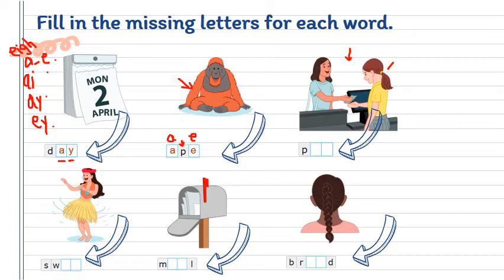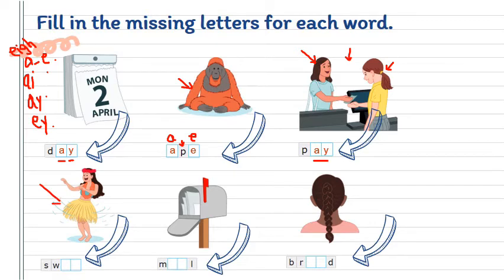This customer bought something, and she's paying money to the cashier. So what are the two missing letters here at the end? Pay. The word is pay. The two missing letters are A and Y.